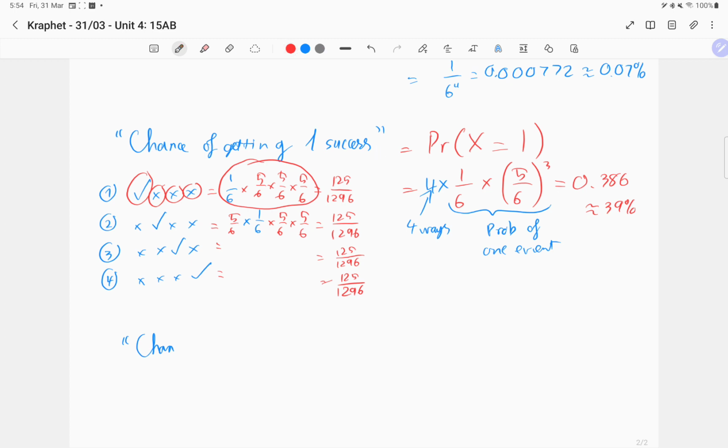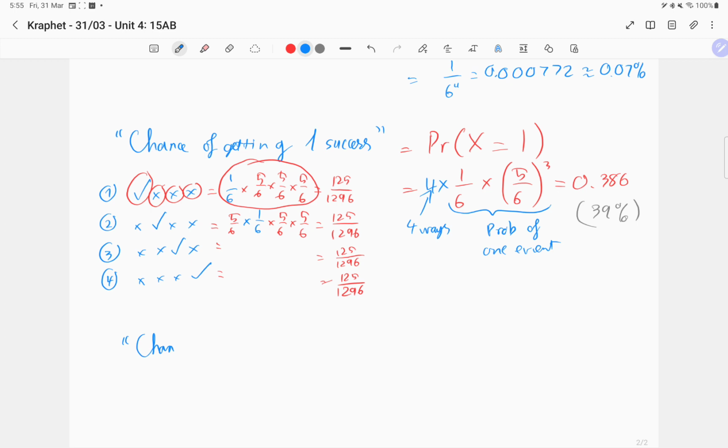Note that I'm writing the percentage only for you guys to have an intuition on what the number means, okay? But slowly I will stop writing that and just write 0 point something, because you guys will always leave your answer in 0 point something, okay? So 39% or 0.386 is pretty good, right? It's a pretty good chance of you getting one success.